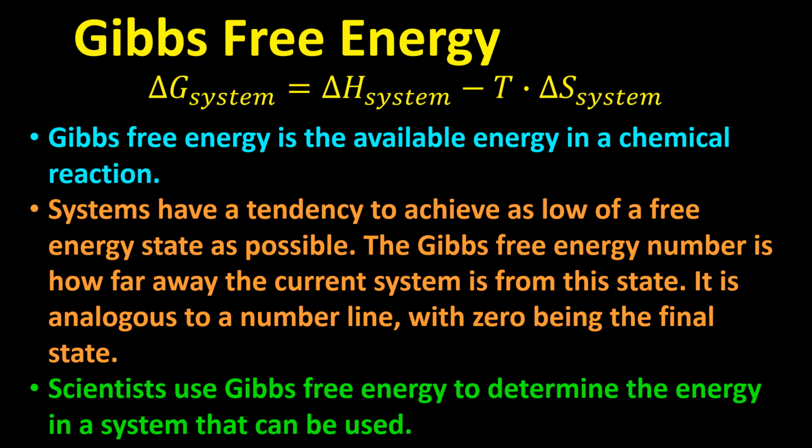The Gibbs free energy number is how far away the current system is from this state. It is analogous to a number line, with 0 being the final state. Scientists use Gibbs free energy to determine the energy in a system that can be used.